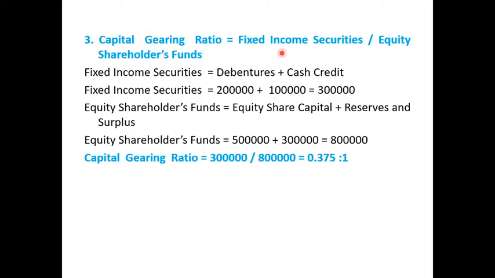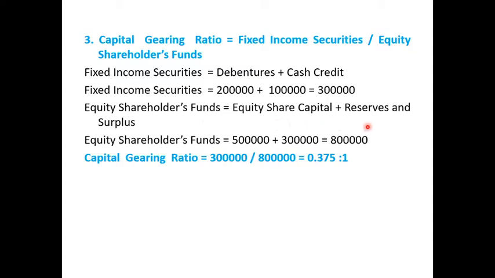One more long-term solvency ratio is there, that is capital gearing ratio. The formula for this is fixed income securities divided by equity shareholder fund. There are two fixed income securities, that is debentures and cash credit. So fixed income securities is rupees 3 lakh. Next, equity shareholders fund.